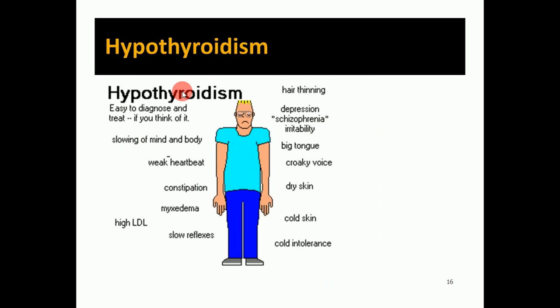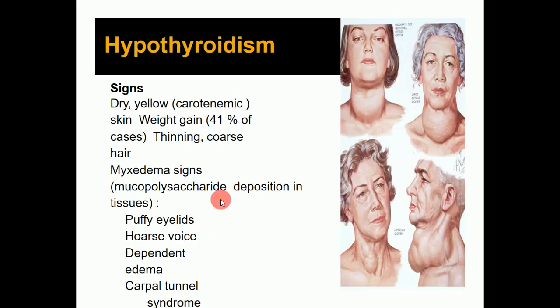Whenever a person has a hypothyroidism problem, it is easy to diagnose. There will be a condition like this: slowing of mind and body, weak heartbeat, constipation, myxedema, slow reflexes, high LDL, low density lipoprotein, hair thinning, depression, irritability, croaky voice, dry skin, and cold intolerance.